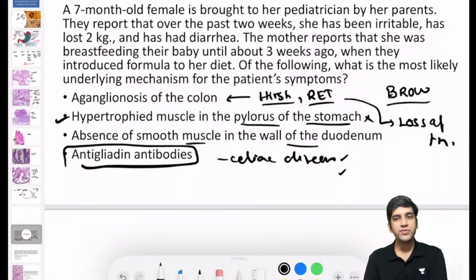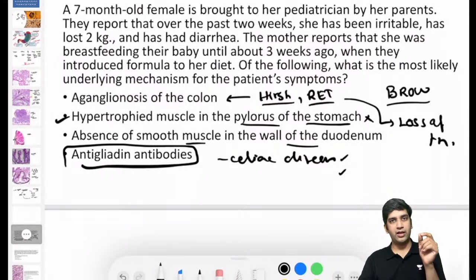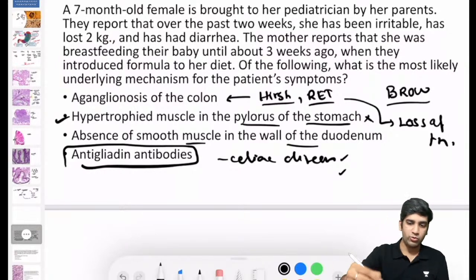Definitely no, right? Biopsy is something which is never required in case of celiac disease, but unfortunately still there are people who do biopsies for celiac disease. That should never be done, right? When there is an antibody, I can easily do an antibody, right? So anti-gliadin antibody, anti-tissue transglutaminase antibody, anti-TTG antibody, and obviously the other one is anti-endomysial antibodies, right?